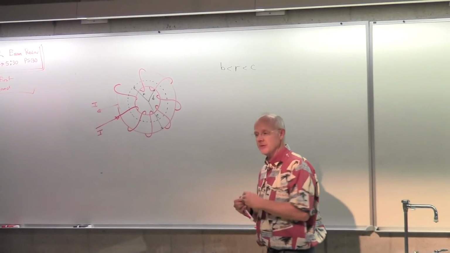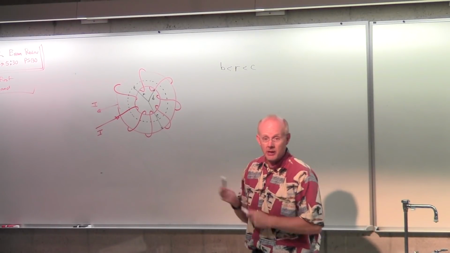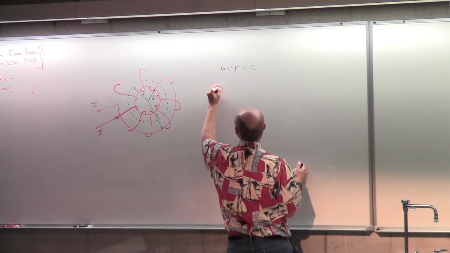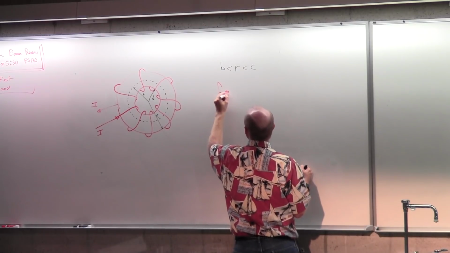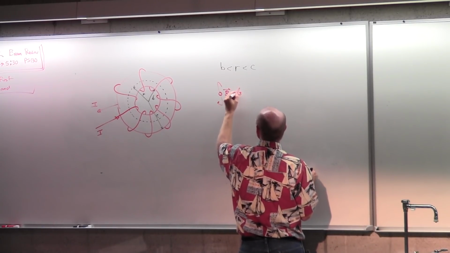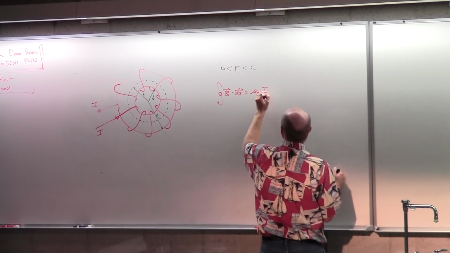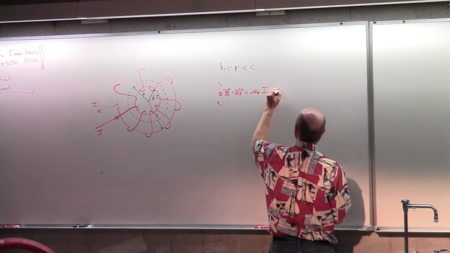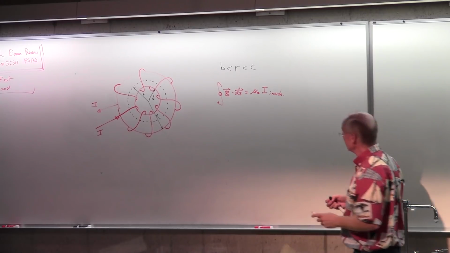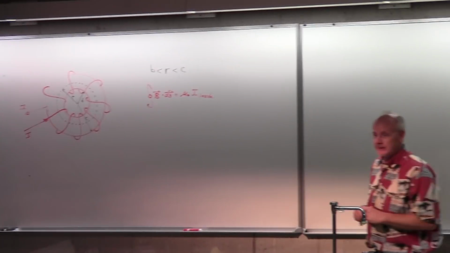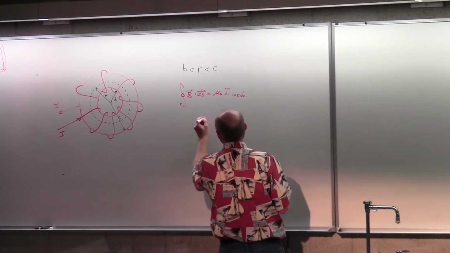And again, let me just apply Ampere's law. Here's Ampere's law. The integral of B dot ds is equal to mu naught times the current that goes on the inside of the Amperian loop. All right, well, let's start with the left-hand side.